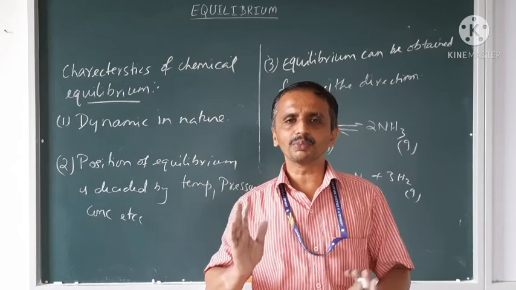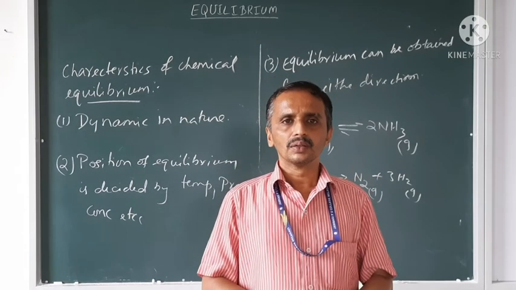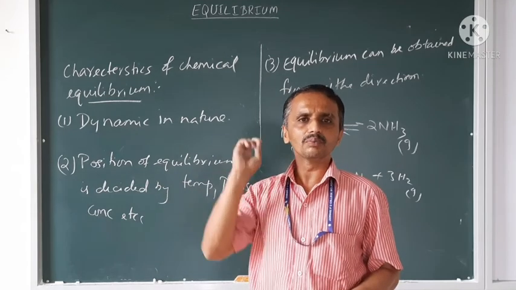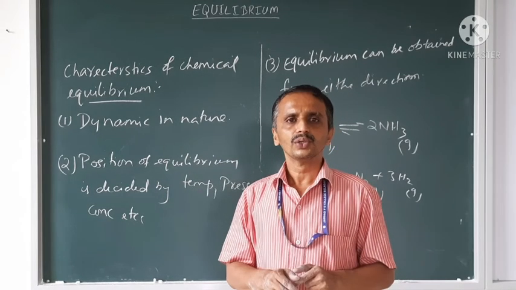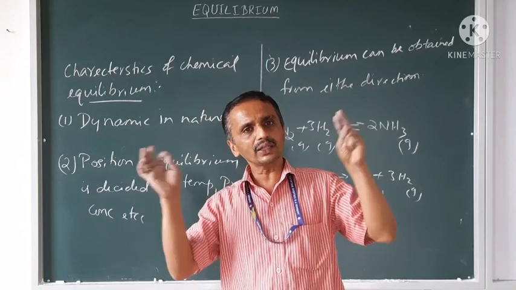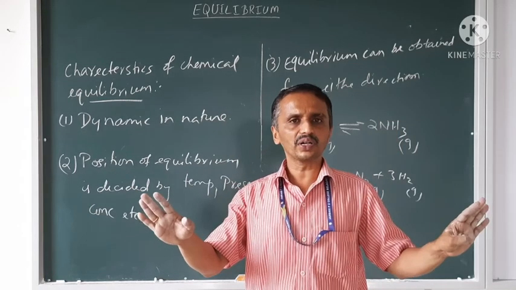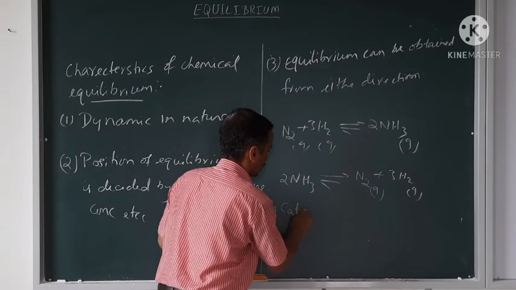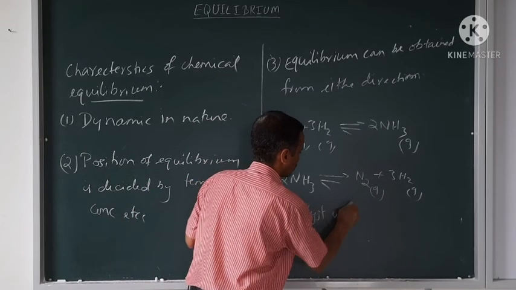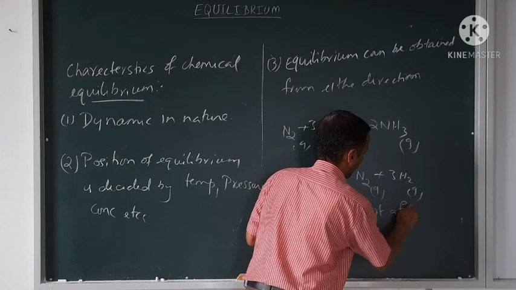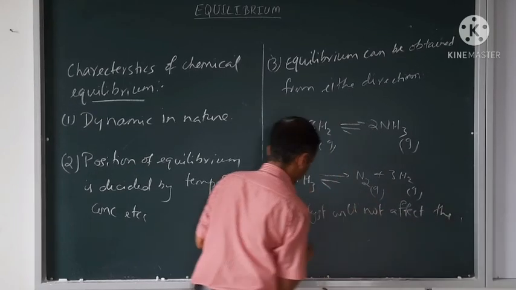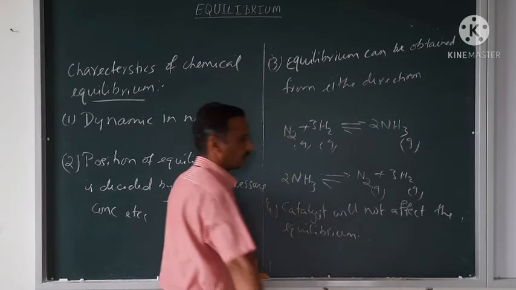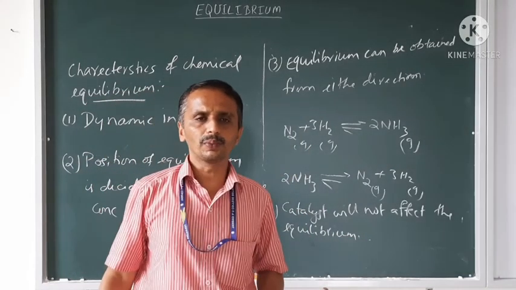Then your answer should be catalyst, because the catalyst will increase the rate of the forward and the backward reaction to the same extent, so that the reaction will attain the equilibrium in a quicker time, but definitely will not change the equilibrium. Catalyst will not affect the equilibrium. It only makes that equilibrium be reached in a quicker time.